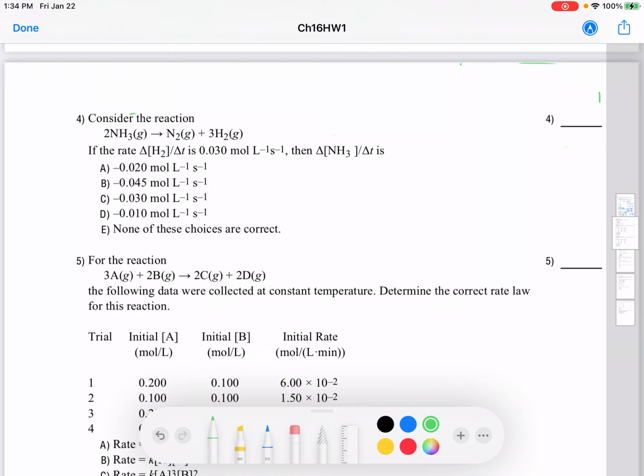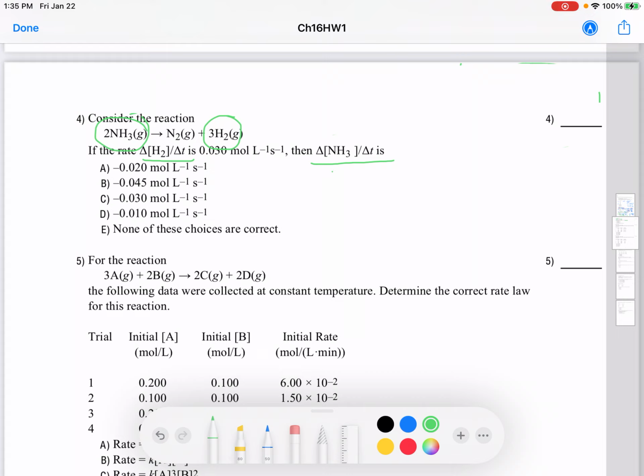You can go ahead and work yourself. But I'm going to show you this one as well. So let's compare this with this. That's what it is asking. We see H2 over delta T and ammonia over delta T. Let's write the rate for these two things.